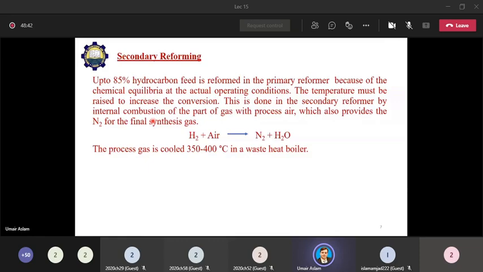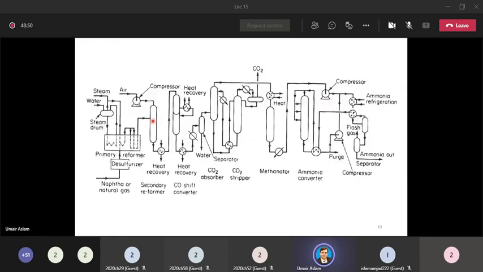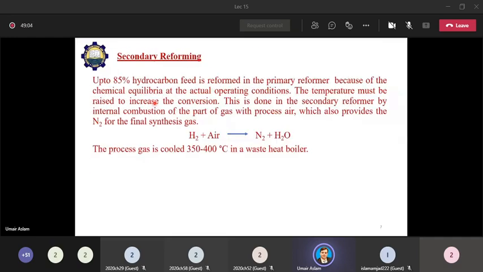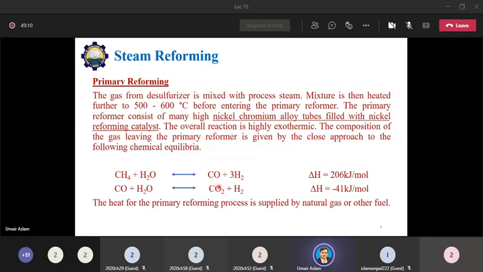So in the secondary reformer, as you can see in the diagram, we also introduce air. This is the process stream and this is the air stream. So we are entering air here so that we can combust hydrogen, which is formed in the primary reformer step.